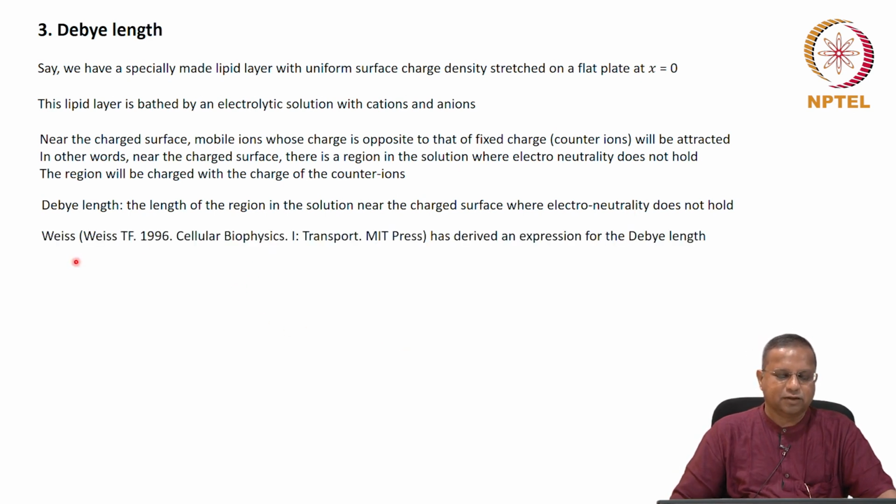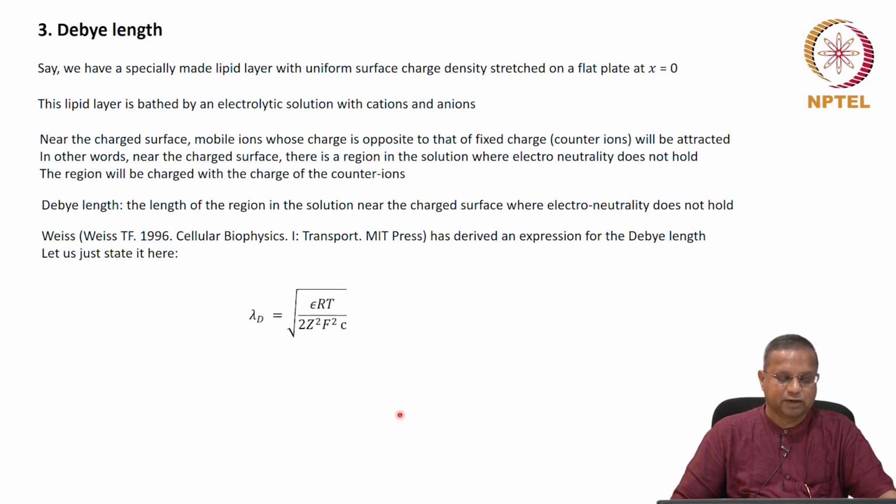And if you look at Weiss, we have already seen this book earlier. This is Cellular Biophysics 1, Transport, MIT Press, published in 1996. He has derived an expression for Debye length. I am not going to get into the derivation in this course. You can look it up.